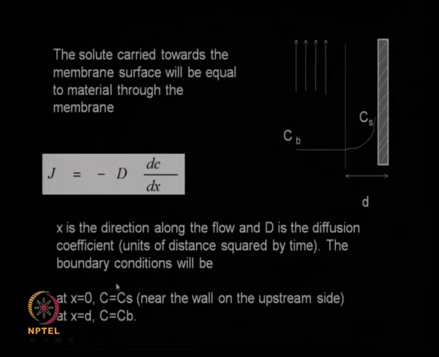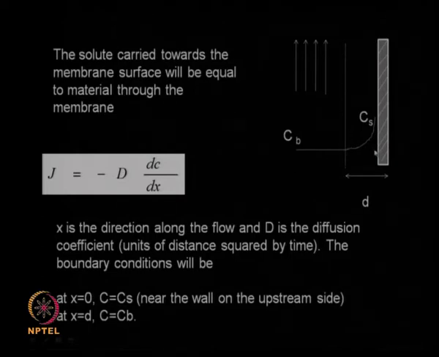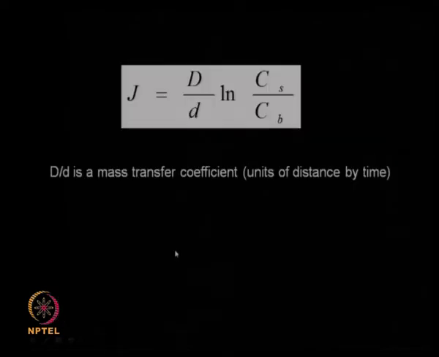Now what are the boundary conditions? At the wall on the upstream side, C is equal to Cs, and at x equal to d, that is the boundary layer, C is going to be Cb. So we can just solve this differential equation and apply these boundary conditions. If we do that, we get a nice equation.